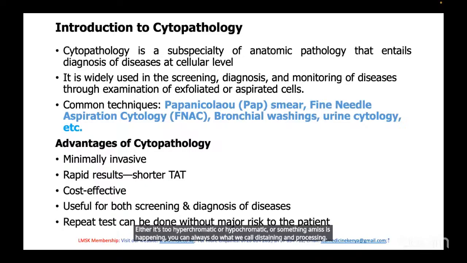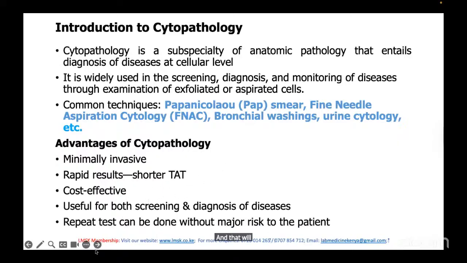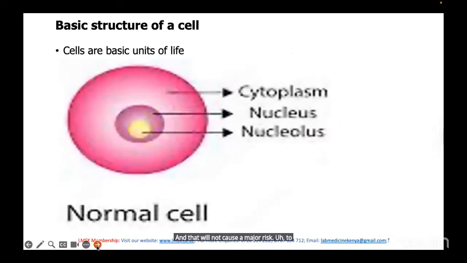Then you are able to recover your slide again for analysis. So it's easy. It's not like you are going to reprick the patient to get a blood sample or to collect CSF from a patient. So with most cytopathological techniques, you can have a repeat test done, and that will not cause a major risk to the patient.